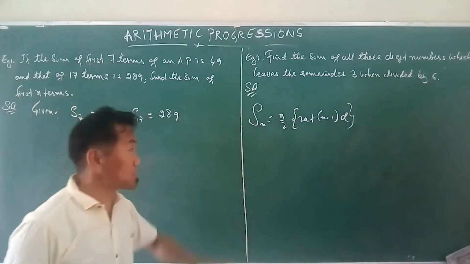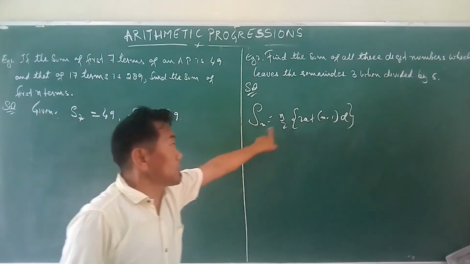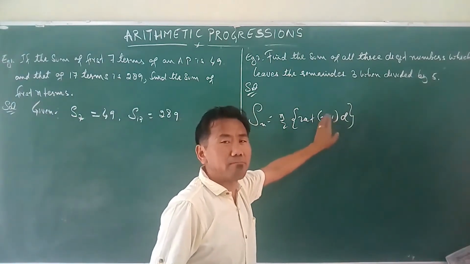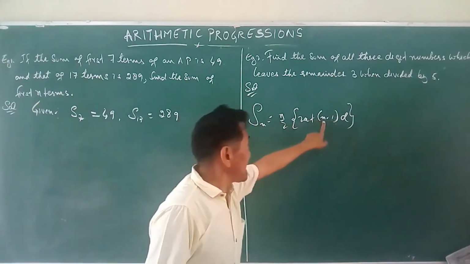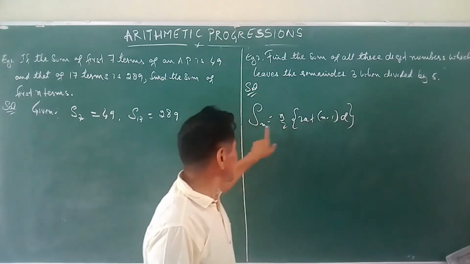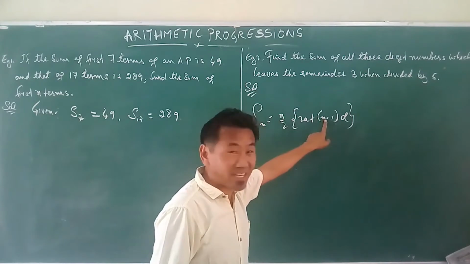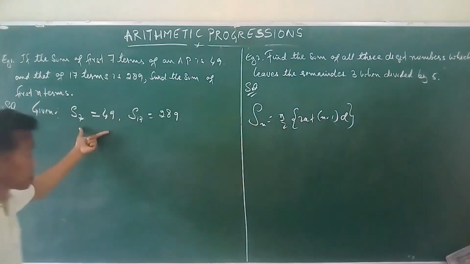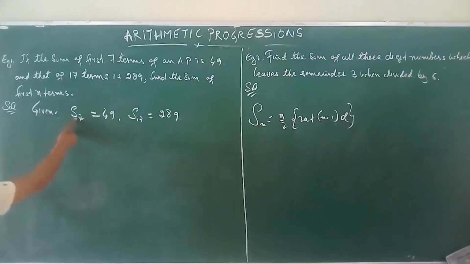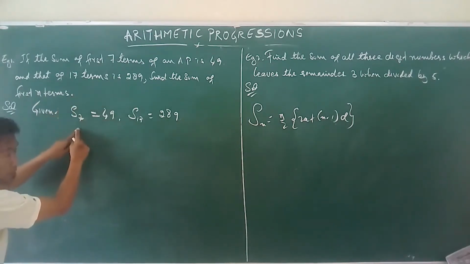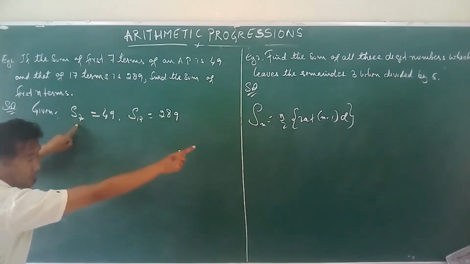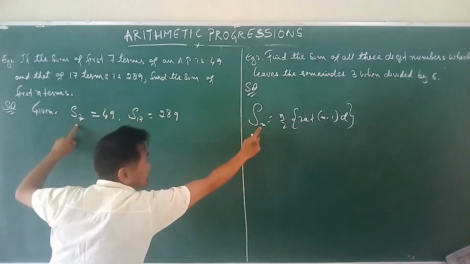Suppose we know n, we don't need to write n minus 1 like this, we can just subtract, for example if it is 10, it should be 9, if it is 7, it should be 6. Now let's take this sum of 7, which is given as 49, and the formula we are using here, S7.